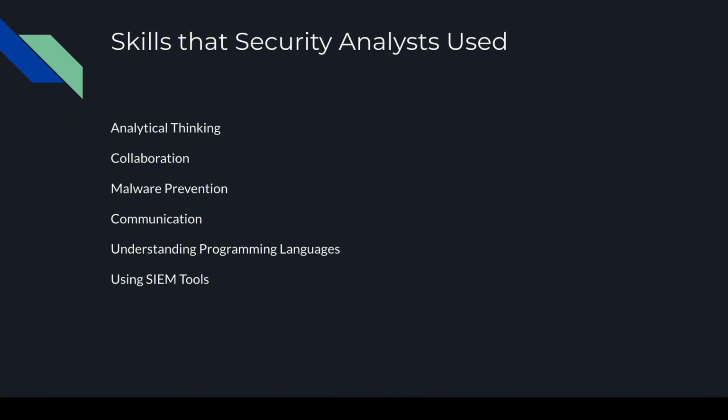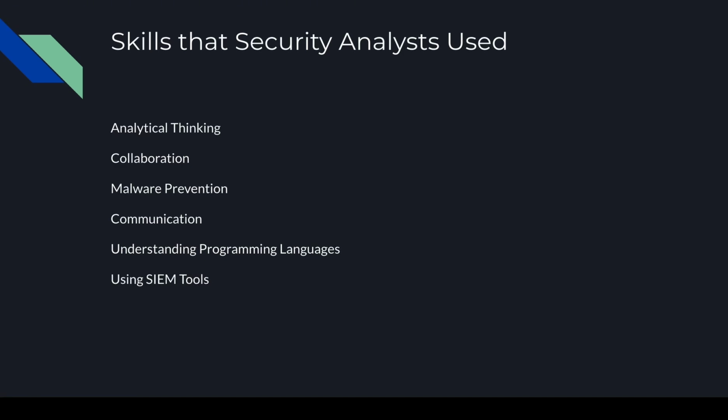Anyway, let's continue. What we have here are skills that security analysts use. Analytical thinking means thinking carefully and logically. Collaboration: you want to work with others who have the same goal. Malware prevention: malware is software designed to harm systems, and you want to prevent that.